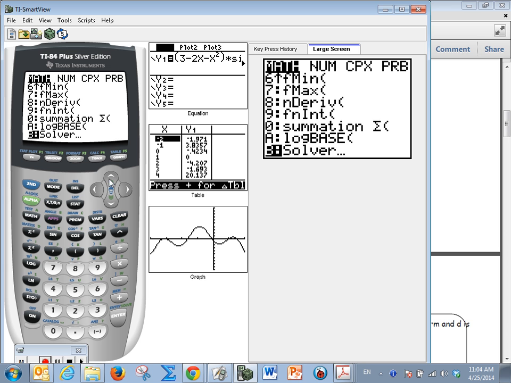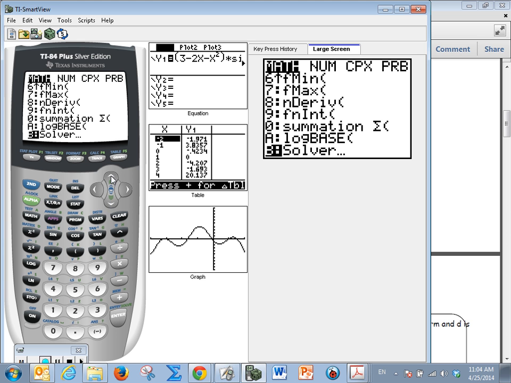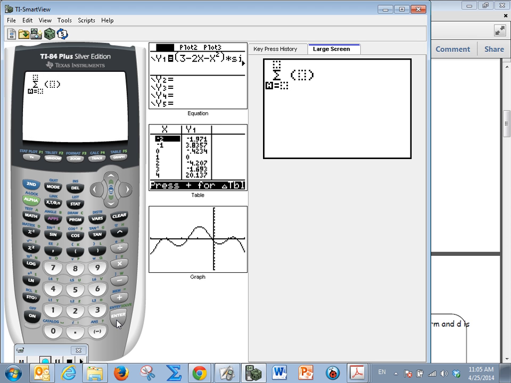Go to your math. Okay, so you punch the math button, and the summation is down at the bottom of the list. It's 0 on the 84. That's the summation. Now, if you have the new operating system, very easy. It gives you a template. You just fill in the template.